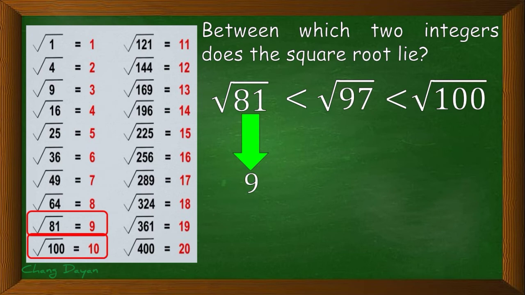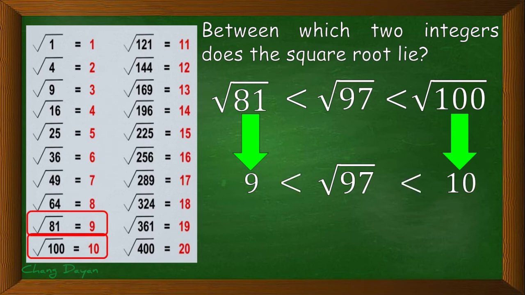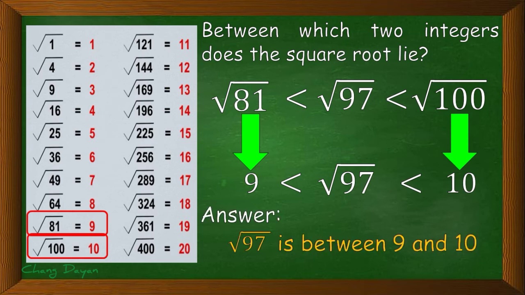Principal root of square root of 100 is 10. So we have square root of 97 is greater than 9 but less than 10. So the answer is square root of 97 is between 9 and 10.